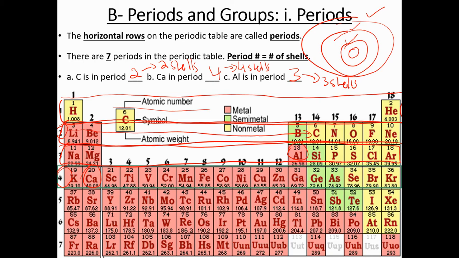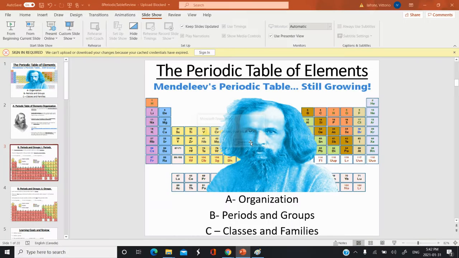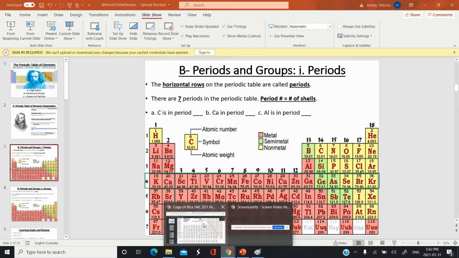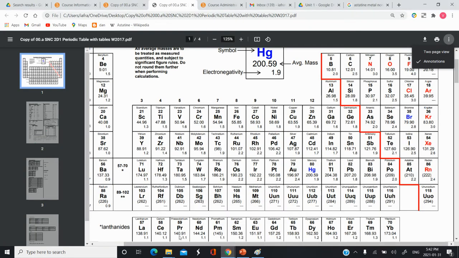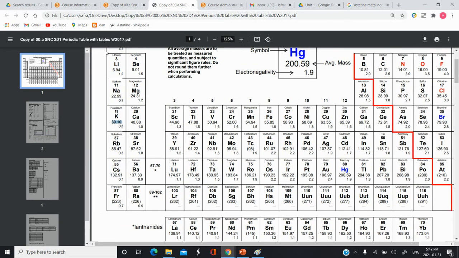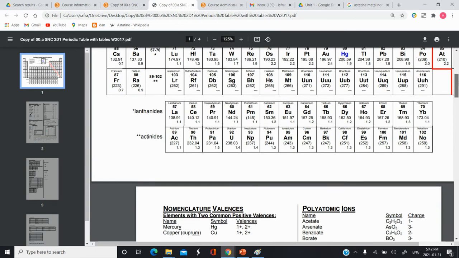I just want to clarify something before we go on to groups. Let's go look at our periodic table that we use for the course. You'll notice that this periodic table has 7 periods, 7 rows, counting from here, 1, 2, 3, 4, 5, 6, 7. But then you'll notice that there's 2 more over here.